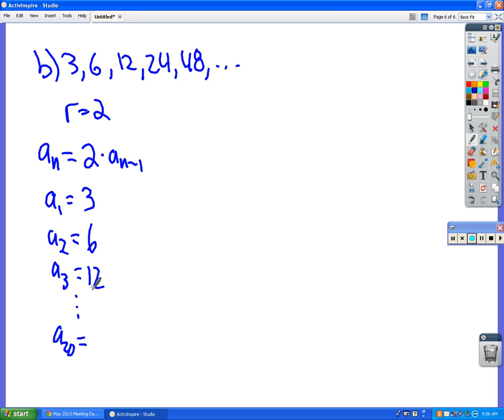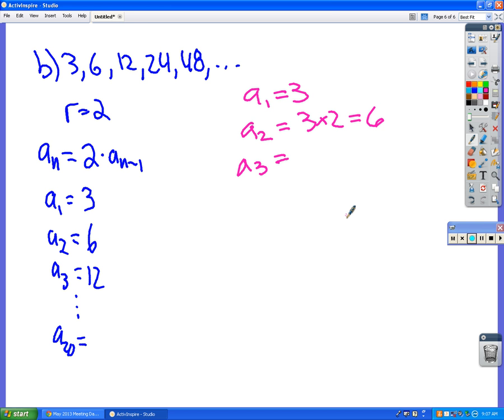Okay? So here's the way you think about it. A1 is 3, right? To get A2, what did I do to the 3? Multiplied it by 2, okay, which gave me 6. To get A3, not what did I do to A2, but what did I do to the original one to get the third one?